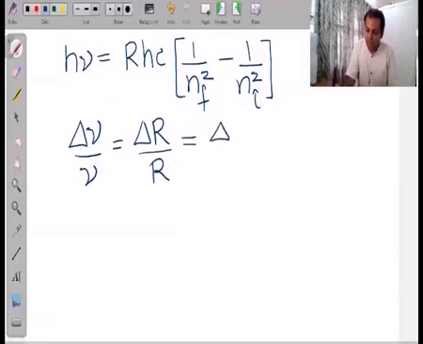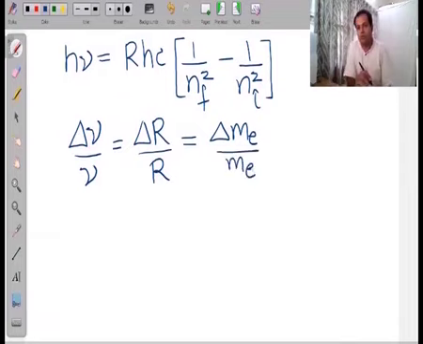Within delta R you will have the error associated with delta m alone, because again in R the other quantities such as the charge of the electron, the permittivity, speed of light and Planck's constant are all taken to be constant values.